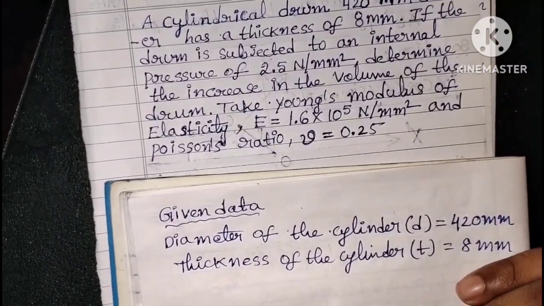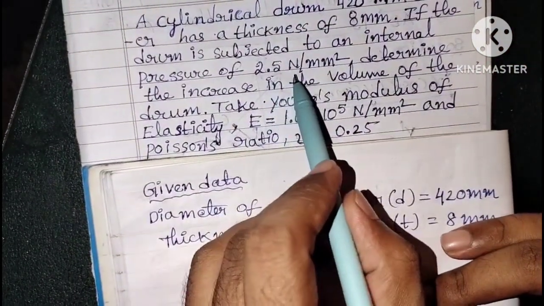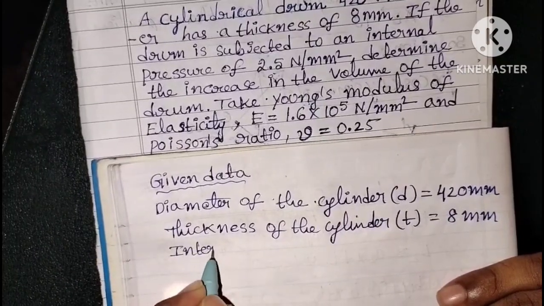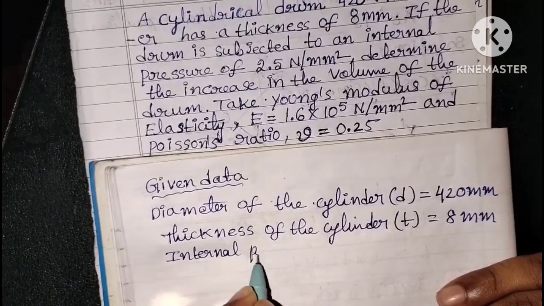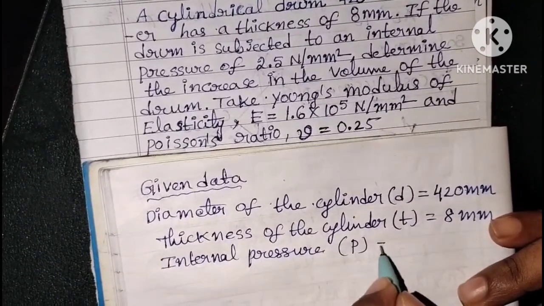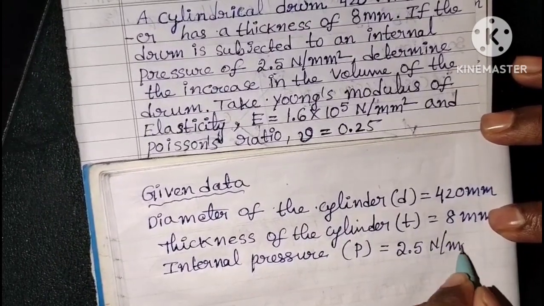So here the cylinder is subjected to internal pressure. How much is the internal pressure? 2.5 Newton per mm square. So internal pressure, small p is equal to 2.5 Newton per mm square.